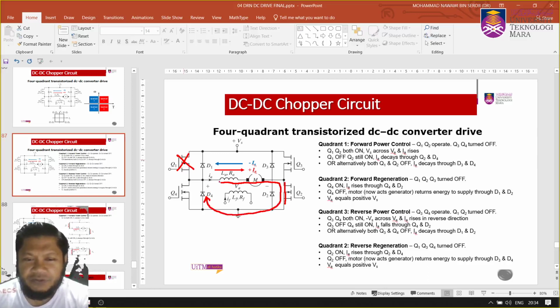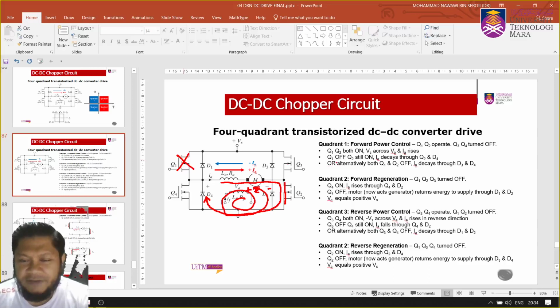So it will flow into D4 and decays or reduces. Current will reduce because you have a positive-negative back EMF here, isn't it? That voltage will oppose the current here, so that's why current reduces, but in that direction, still in that direction. So that is Q1 operation.